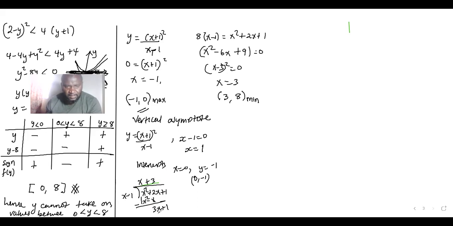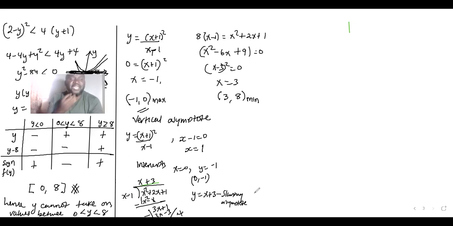So you get 3x minus 3. The balance is 4. So y is equal to x plus 3 is the slanting asymptote. So the quotient you get on long division is the slanting asymptote.